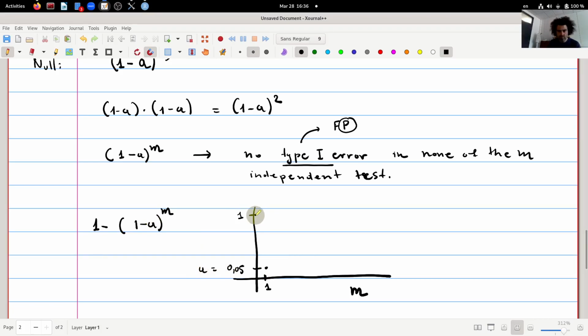And here is 1. So this increases like that. It does not reach 1 exactly, but it goes very close to 1 as m gets larger, which means that more or less for sure we will make a type 1 error when we perform multiple tests.